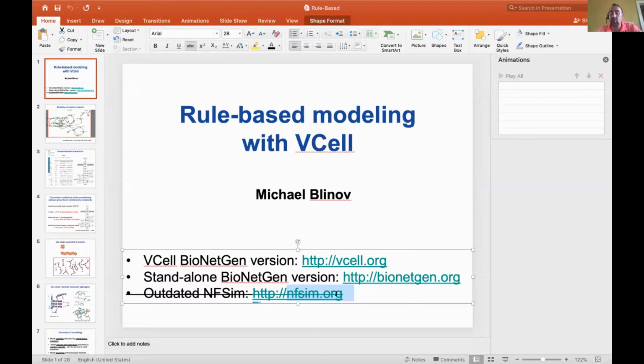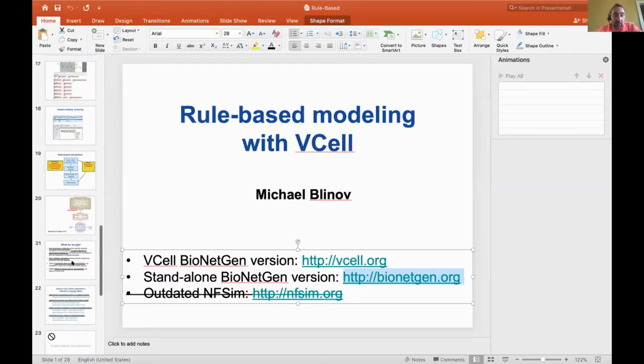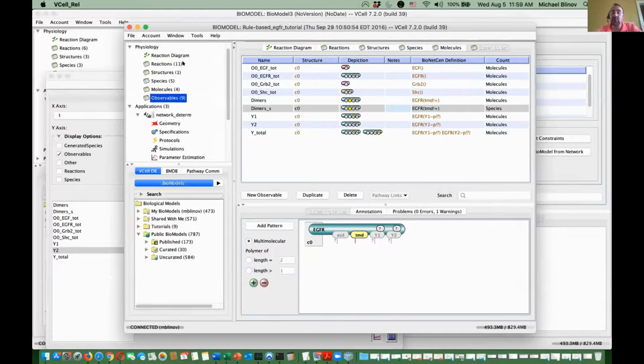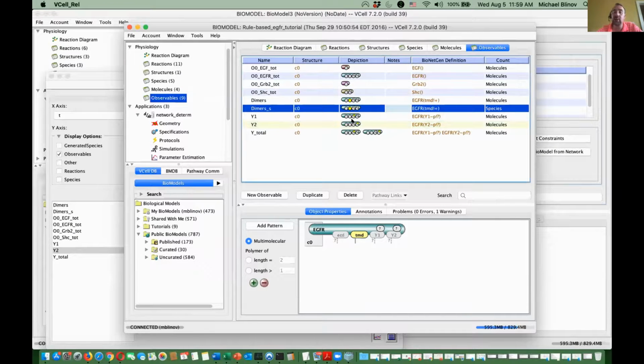Actually, it has an outdated version, and on the site bionetgen.org there is a version of NFsim with some bugs fixed. Both of them use a scripting language called the BioNetGen language. This BioNetGen language is something that we can import and export. So a model done in Virtual Cell can be exported into standalone BioNetGen and NFsim, and a model done with those tools can be imported into Virtual Cell.